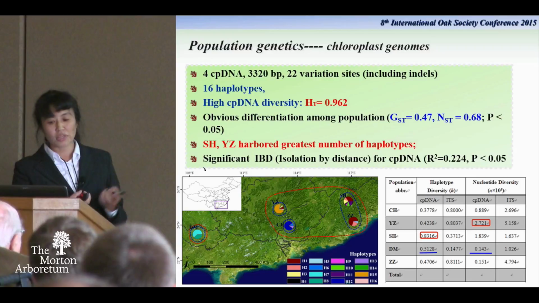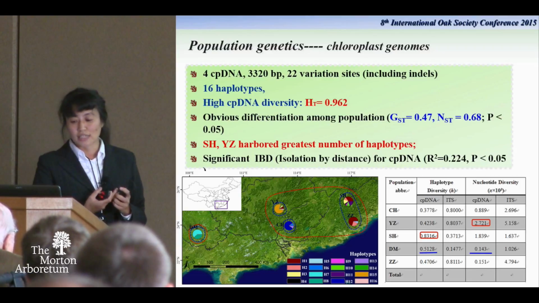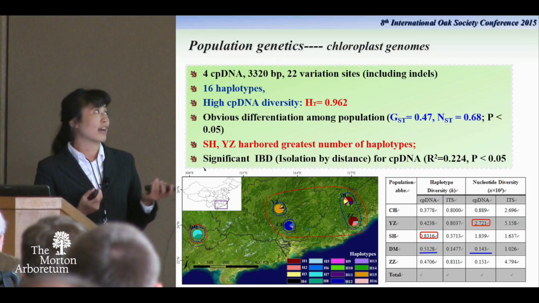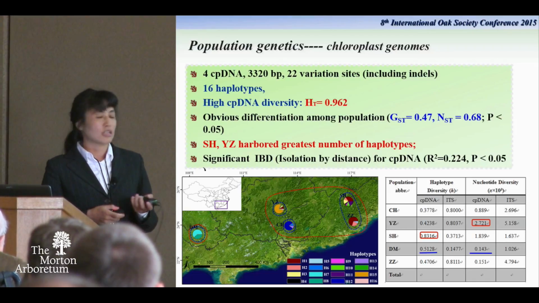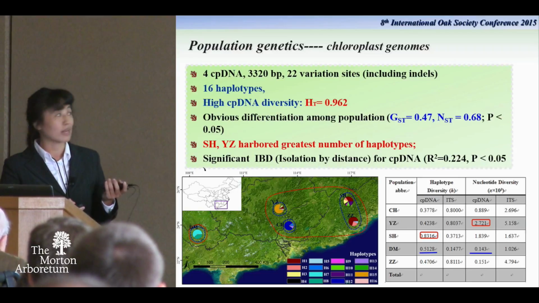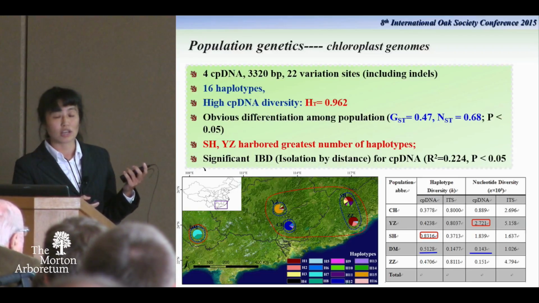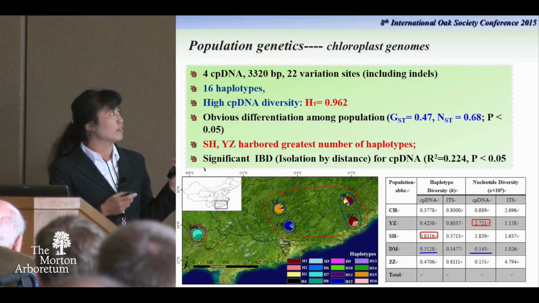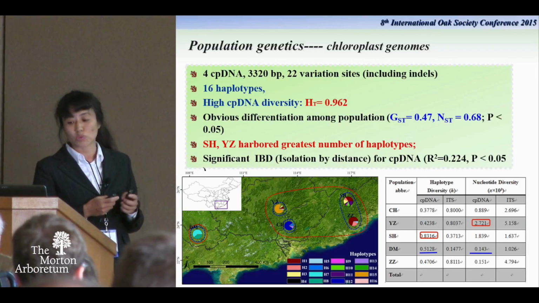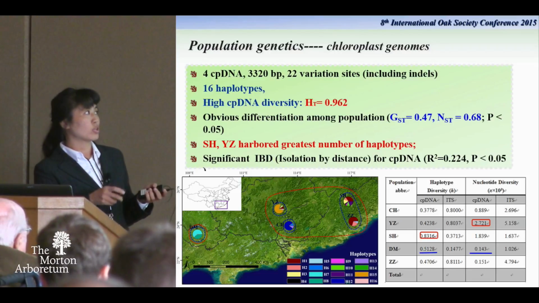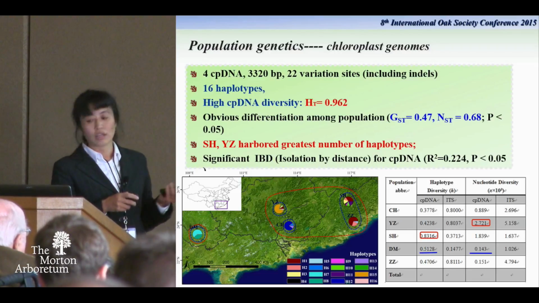But when we look at the chloroplast DNA diversity, it's very high. HT is actually 0.9. And that's very rare for an endangered species with very small populations, when we compare the result with common ones. And there is very significant differentiation between the populations, because we can see the GST is much lower than the NST value.